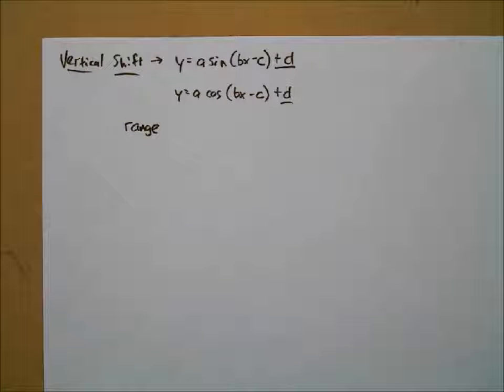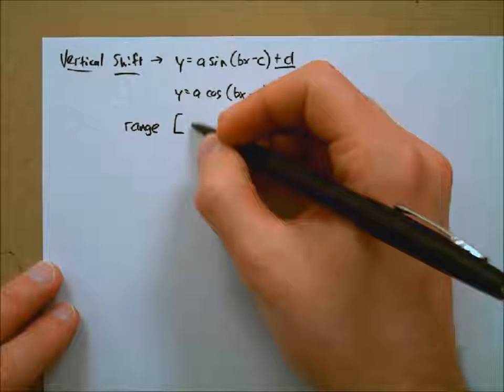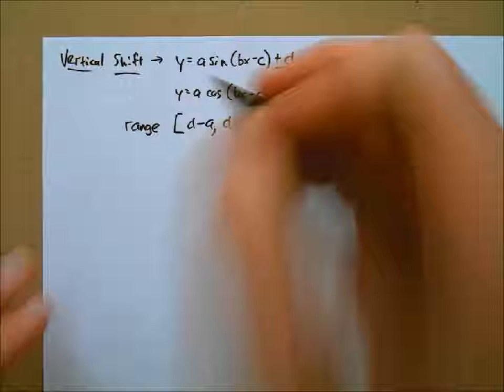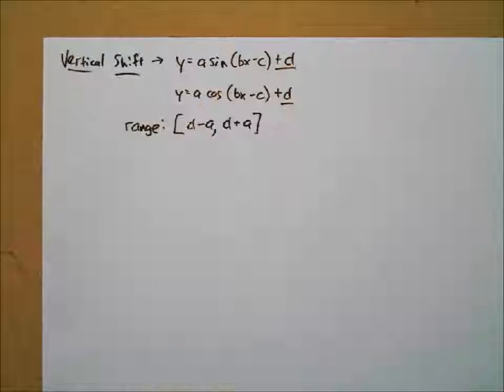And so now we're going to go A units above D, and A units below D. The amplitude above D, the amplitude below D. And so the range now becomes D minus A, comma, D plus A. That's our new range.